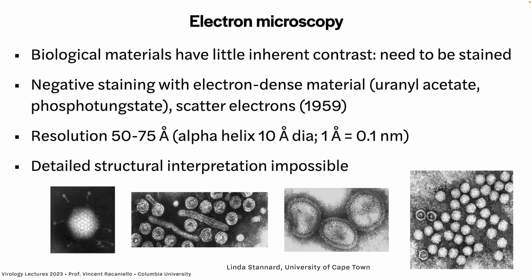So the resolution of this is quite low, 50 to 75 angstroms. So remember, the alpha helix is about 10 angstroms in diameter, so you can't see individual atoms, but you can see the morphology of the virus particle. So remember, we have our virus particles on a little grid sitting in the electron microscope, and electrons are used to bombard it, not light as in a light microscope.